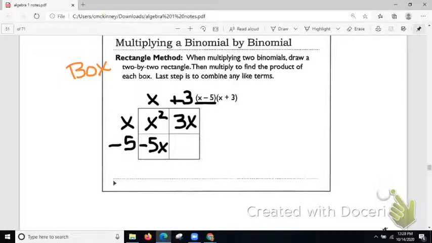And then in the bottom corner, that's where negative 5 times 3, right? That's kind of like finding an ordered pair or something. So in that case, that's where that would go. So 3 times negative 5 is negative 15. And then these two guys on the diagonal, they can be combined. They're like terms.